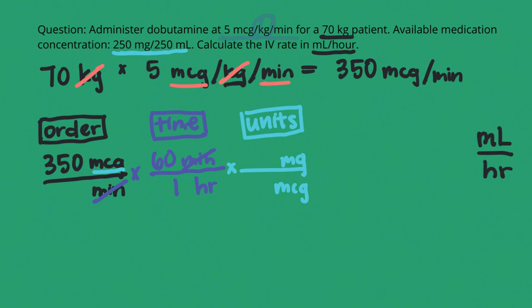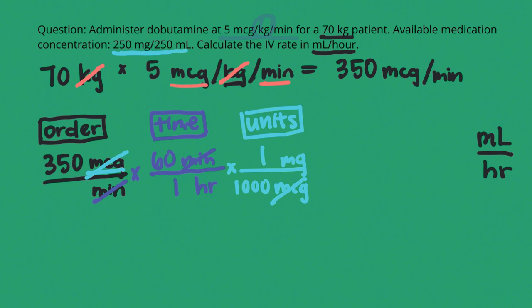And we know we put micrograms on the bottom because, again, it's on the top in our order over here. Now, if you remember your conversion factor, you know that 1 milligram equals 1,000 micrograms. Again, you can do this in a different order, but you do need to identify a time conversion. You do need to identify a unit conversion because we've got to have it in micrograms or milligrams. Micrograms cancels with the micrograms here, and this will be converted to milligrams once that math is complete.